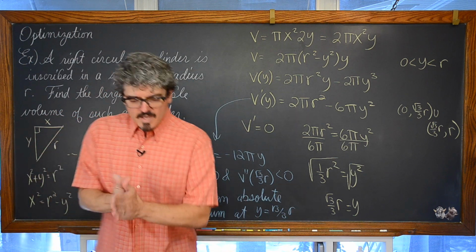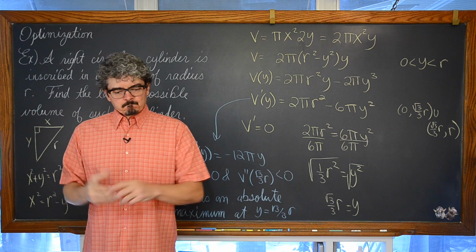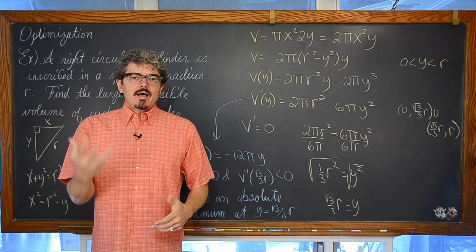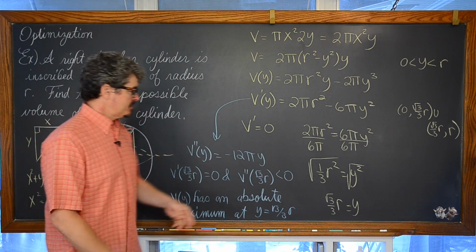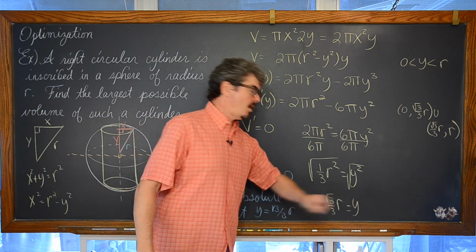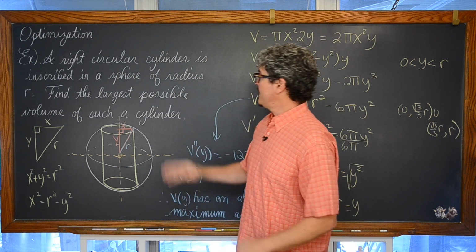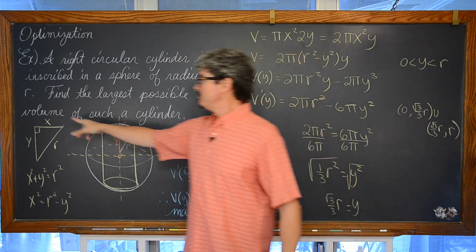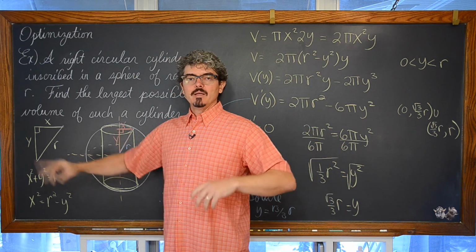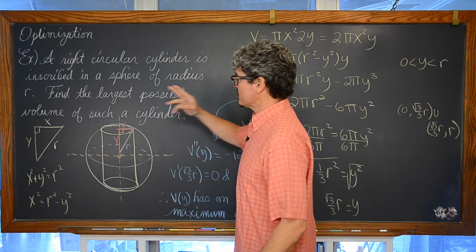Now, we got that validated. The question didn't ask for you to find the location, or for what value of y the cylinder has its absolute largest possible volume. It asked for the largest possible volume.